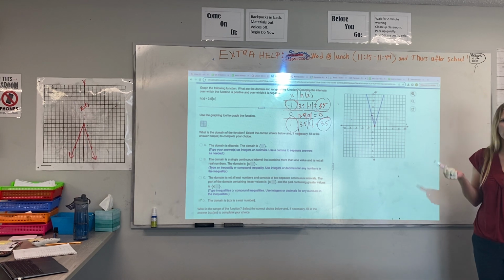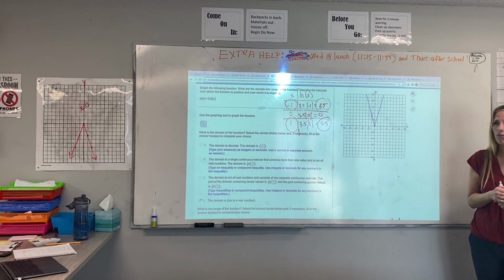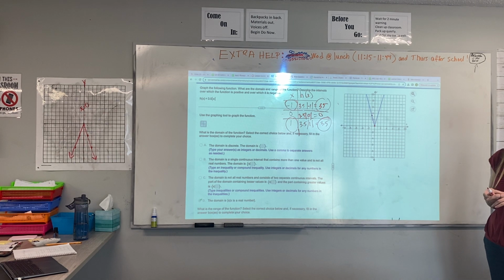Tell me what a domain is. What values? x. What are the x values of this function? 1 is definitely on there. Yep. -1 is absolutely on there. 0. What other numbers could be on this?